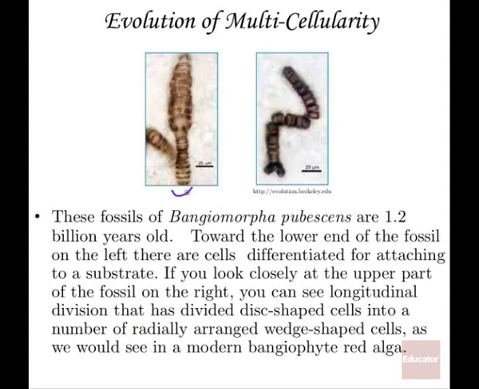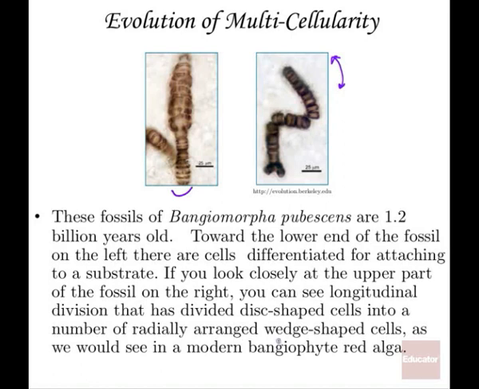This was done to assist with attachment to the substrate. And then in the other right-sided figure, you can see in this area kind of divisions that were creating these cells into disc-like shapes. And that was the evolution of becoming multicellular as well.